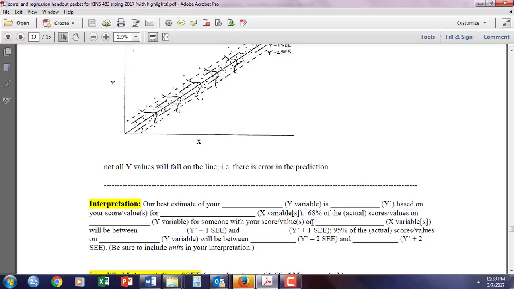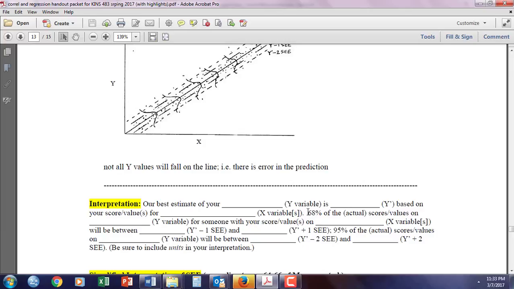So now we can say that 68% of the actual scores on the VO2 max for someone with your score on the 1.5 mile run will be between 45 mils per kg and 55 mils per kg. Essentially, I've taken the prediction score and subtracted 5 mils per kg, and I've taken the prediction score and added 5 mils per kg.